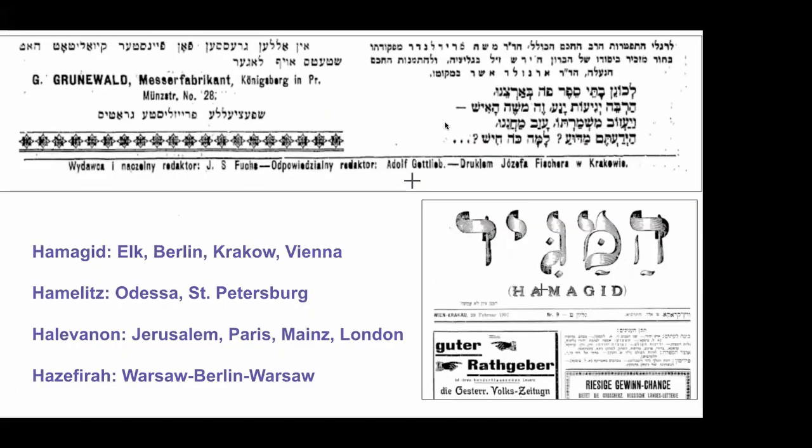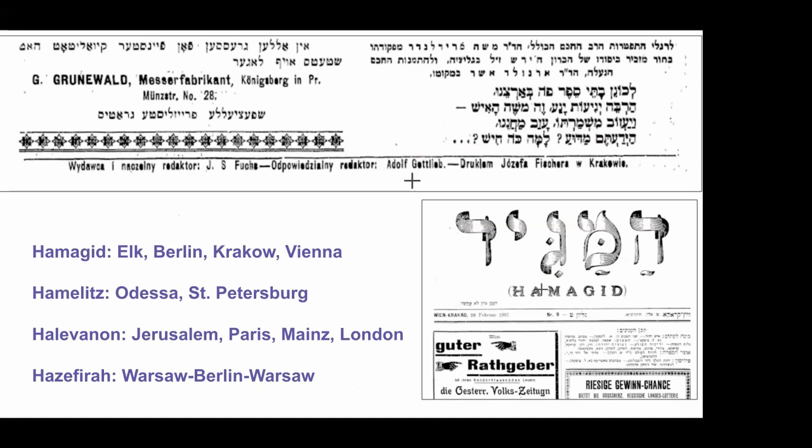To start with, the material that I'll be talking about is made of 4 newspapers, and they are Hebrew newspapers, but it's important to realize that Hebrew in the 19th century is a European language.